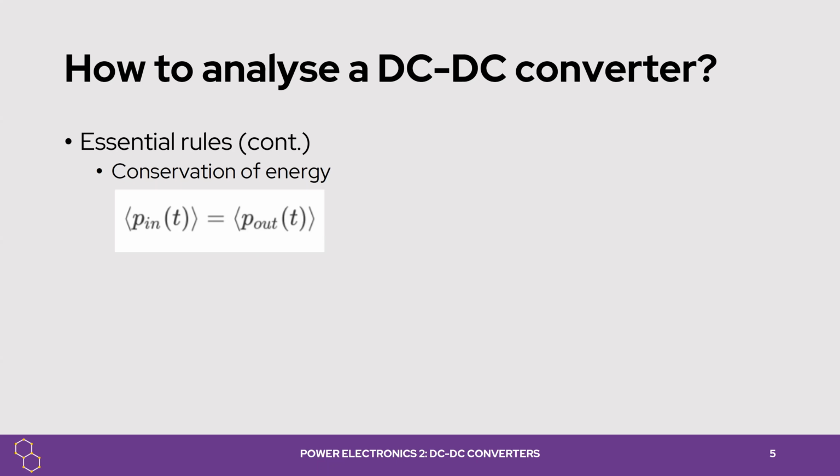This means that no power is dissipated in these components, unlike real life, but in ideal conditions. Therefore, we come up with the following rule, which is the conservation of energy. If the circuit is lossless, as mentioned, the total input power should be equal to the total output power. So P in, input power, equals output power, simply.